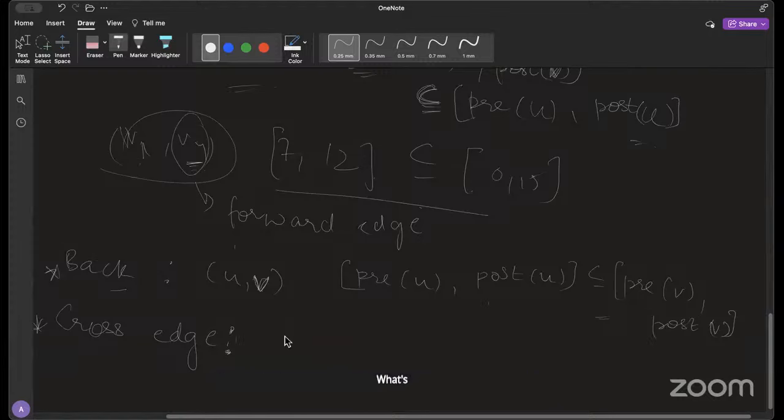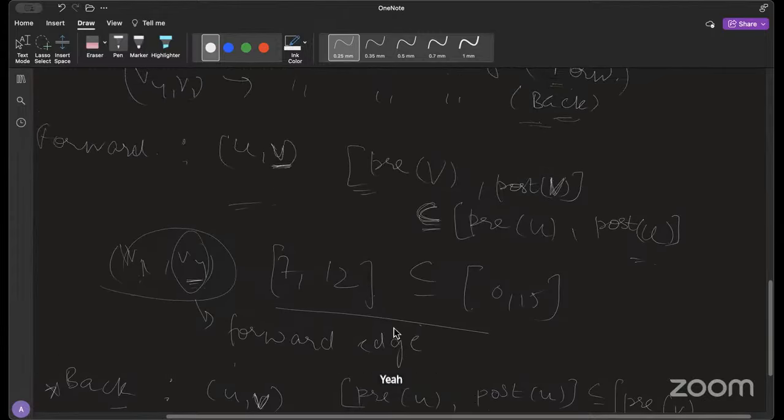Let's get done with her doubt first. What was it? Ma'am, in the back edge, just scroll a little up. Yeah, so for forward you write U comma V, pre-V, post-V contains pre-U and post-U.